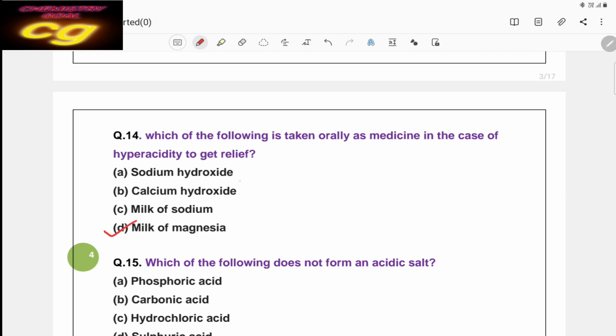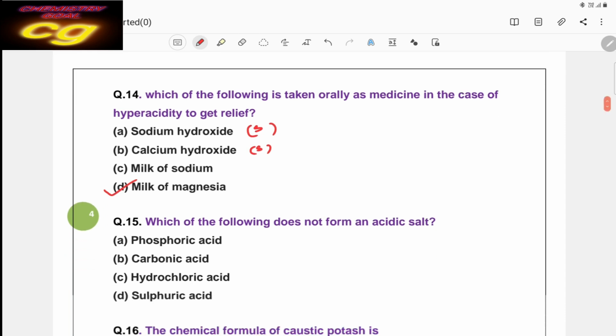Sodium hydroxide, although it is a base, is strong, and calcium hydroxide also behaves as strong. Milk of sodium is not possible because it is a sodium salt, highly basic. So milk of magnesia is the best example of an antacid which decreases the acidity of the stomach.